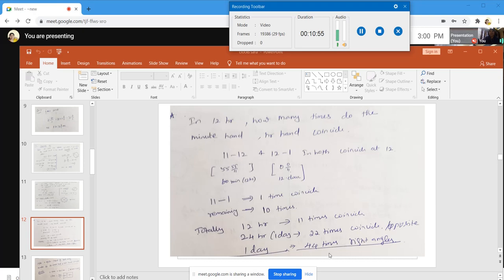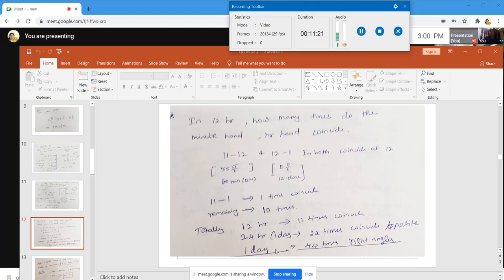So in one day, 44 times that will show right angles, because in 1 hour it will show 2 times.